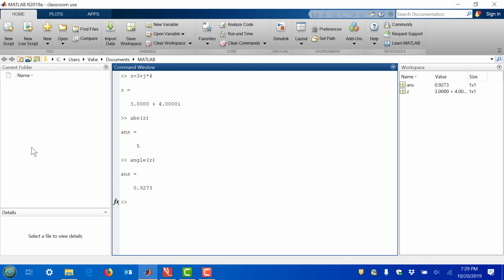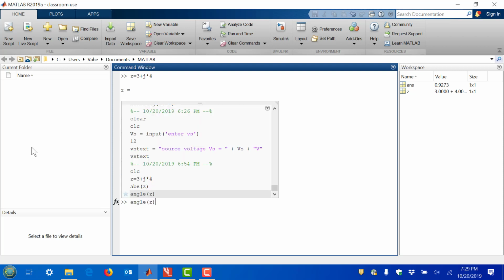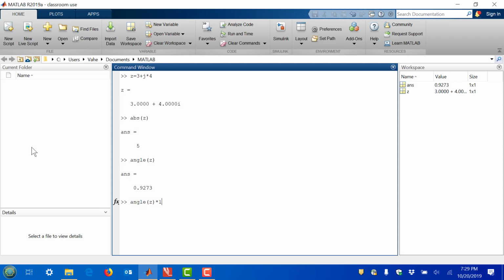You can take the angle, and then you can multiply it by 180 and divide it by pi, right? So we're basically multiplying by 1, because 180 degrees over pi radians is really 1. So this gets rid of the radians. So this will give you 53.13 degrees.